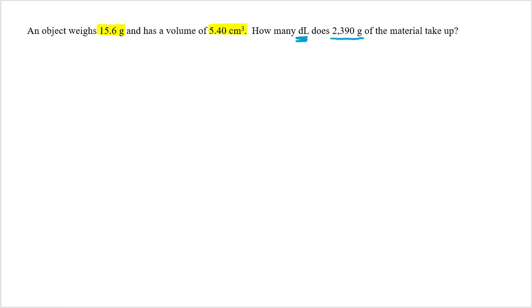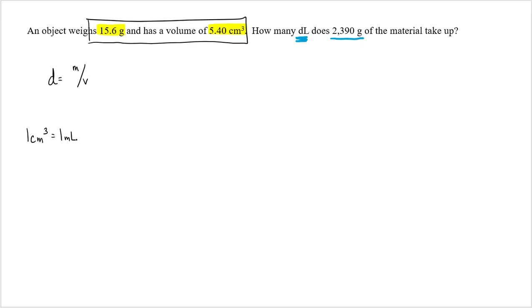The first thing I'm going to do is solve for the density. So the density is the relationship between an object's mass and its volume. So I'm going to solve for this object's density. We know that it weighs 15.6 grams, and it has a volume of 5.40 cubic centimeters. So that is a mass measurement, a volume measurement. Remember, 1 cubic centimeter is exactly equivalent to a milliliter.